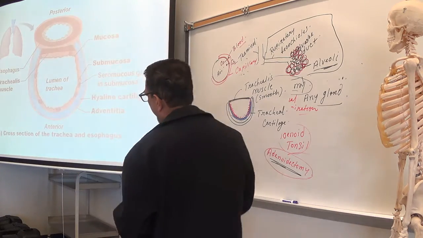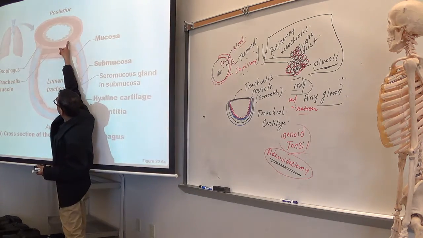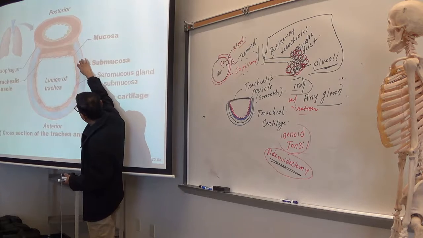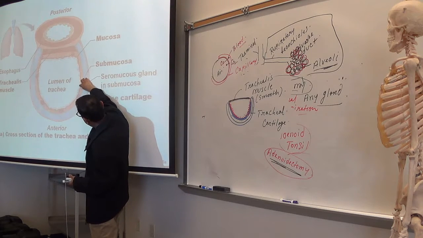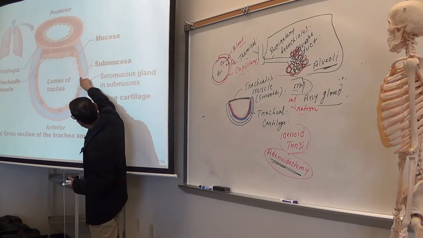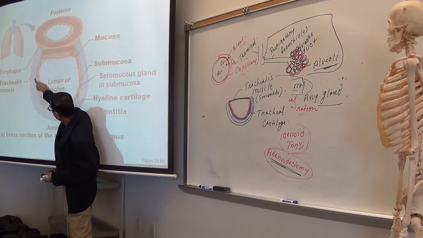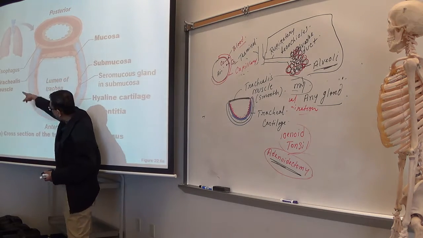See here. This is a cross section including the esophagus. Okay. So this is pseudostratified ciliated mucosa. See the cilia, submucosa, and adventitia. And this is the cartilage. And that's the smooth muscle, trachealis muscle.